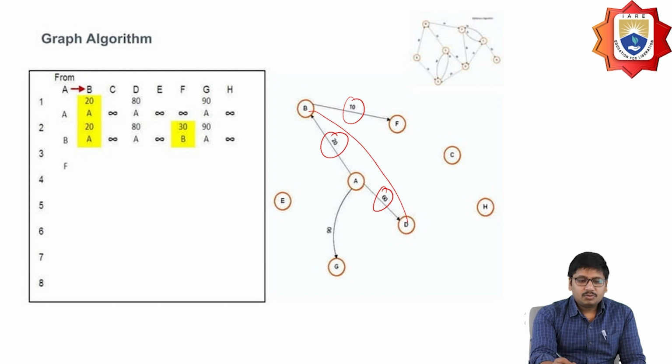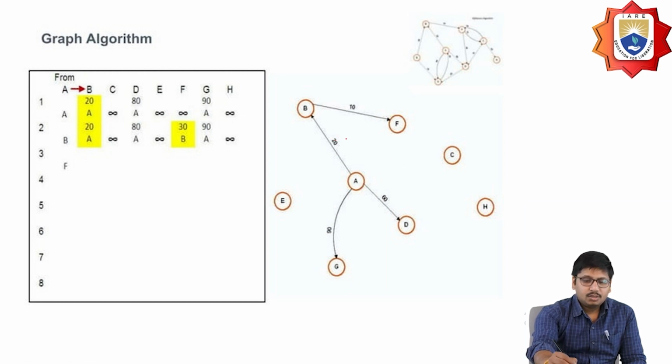So from the source vertex B onwards, B to D is 60 plus 20, that is 80 here, B to F is 20 plus 10, that is 30, and B to G is 90 here.